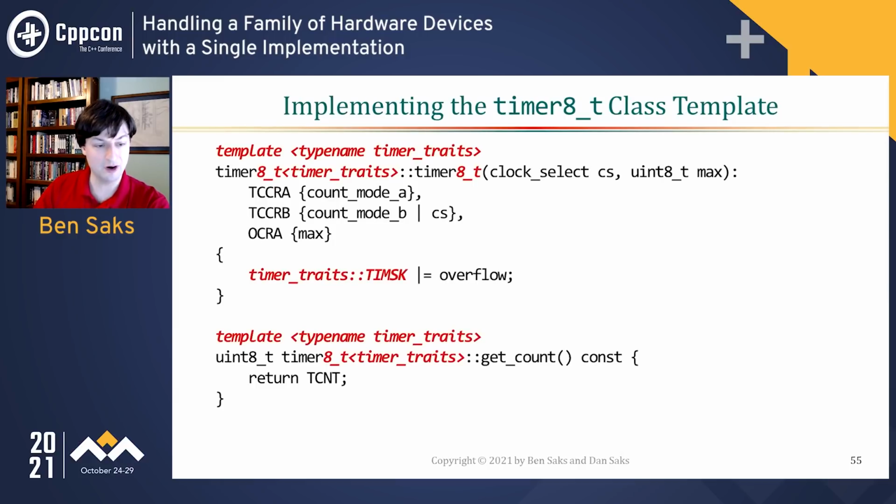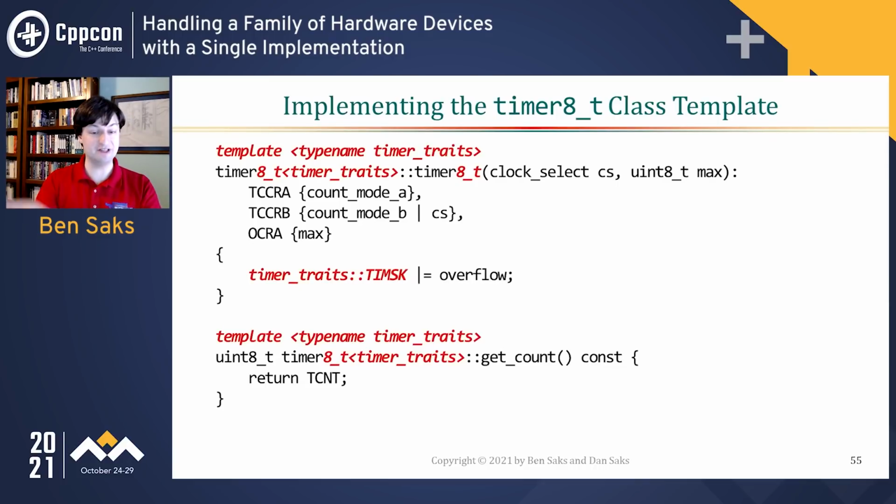So here are our function implementations. We saw a version of this before, but just to reiterate, here is our constructor for timer 8t. It looks very similar. It sets the values in the control registers in exactly the same way, because again, the same bits are being used to represent the clock select in both timer 0 and timer 2.